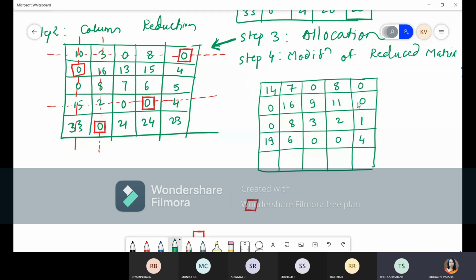Ma'am, this C3D will be 4, ma'am. In column reduction itself, it will be 4, since we are subtracting 10 minus 6. Ma'am, in above, you can see that its C3D will be 4 instead of 6, ma'am. This cell you are saying?